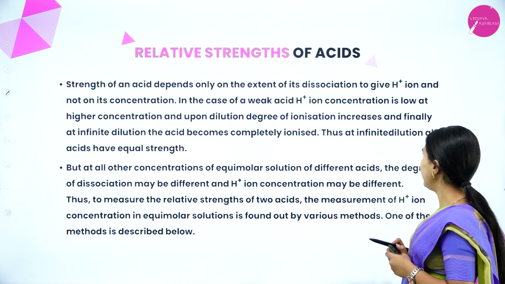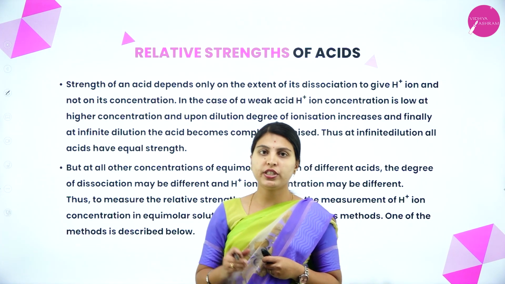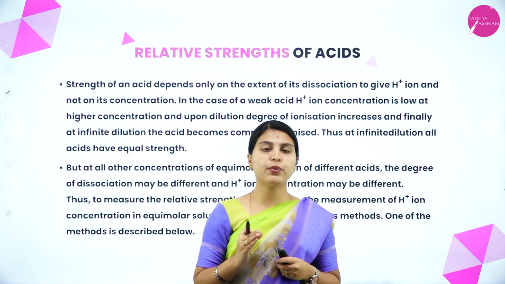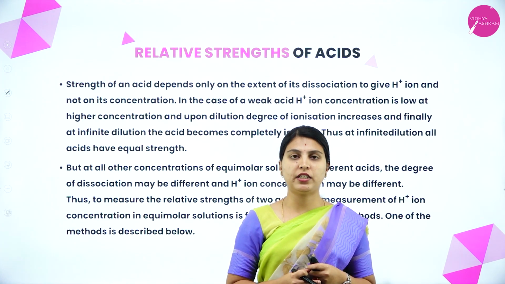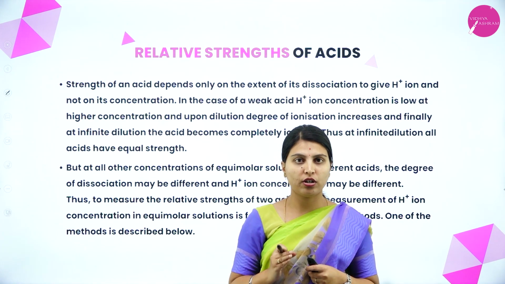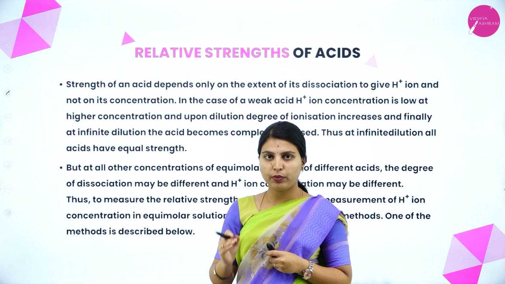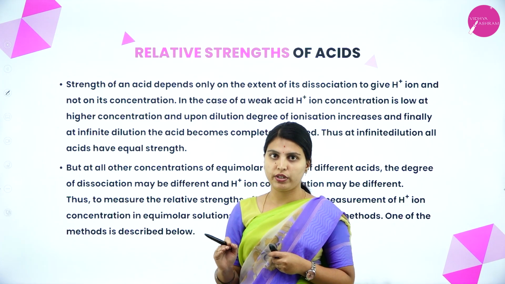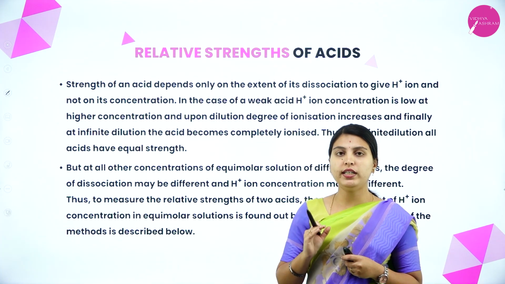Thus, at infinite dilution, all acids have equal strength. We have to understand that an acid has more strength when it gives more H plus ions, not based on its concentration. At that point the acids will have equal strength.